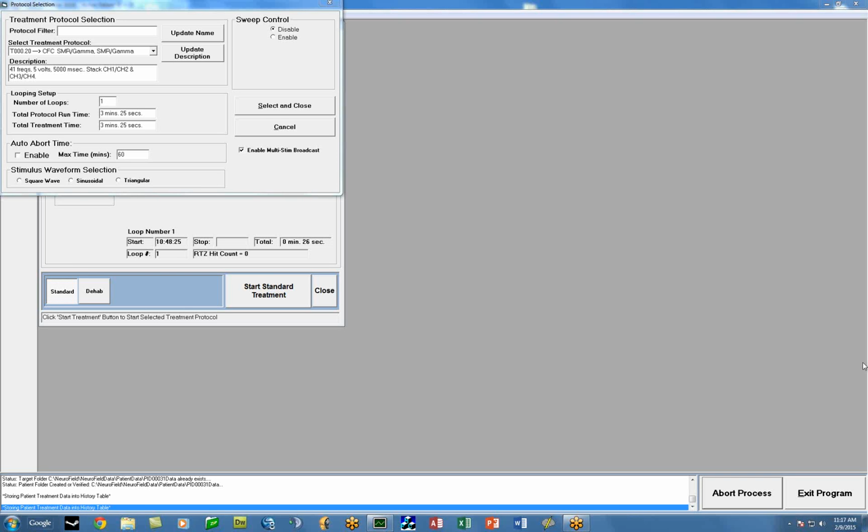There's another question. Can we substitute this protocol for alpha, theta, gamma? Sure. Certainly can. You can run a CFC protocol, then you could run an alpha, theta, gamma protocol. I don't see why not. What I would do, though, is unstack the coils so that you're getting the individual frequencies coming through and not some strange binaural.